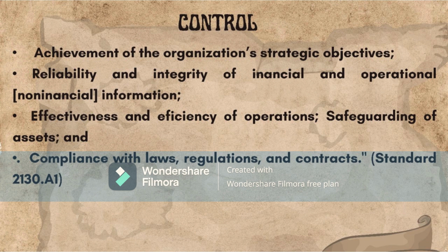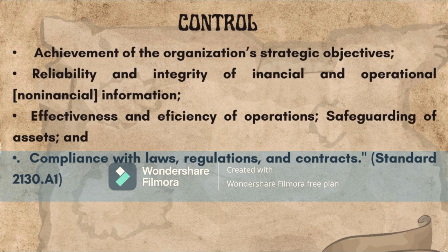Control. Control encompasses any action undertaken by management, the board, and other relevant parties to manage risk and enhance the likelihood of achieving established objectives and goals. This entails meticulous planning, organization, and direction of actions by management to provide reasonable assurance that objectives will be met.